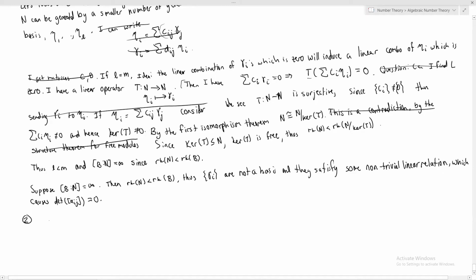Two immediately follows from our lecture 16 notes, proposition 16.5, notes on free modules. Okay, so I'm not going to say anything more about 2.